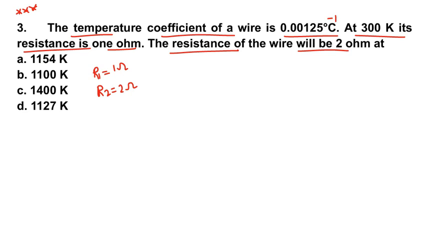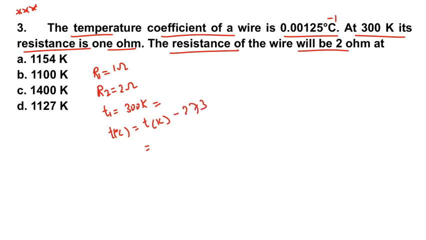And the first temperature given is T1 equals 300 Kelvin. Just convert this into degree centigrade. For getting into degree centigrade, what you have to write is temperature in kelvins minus 273.